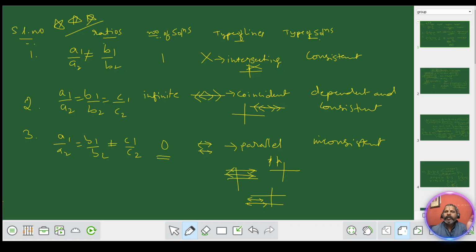Type of lines: parallel lines. Type of solutions: since they are parallel lines, they will have inconsistent solutions. Remember that, since we need this table throughout the chapter when we approach the exercise.